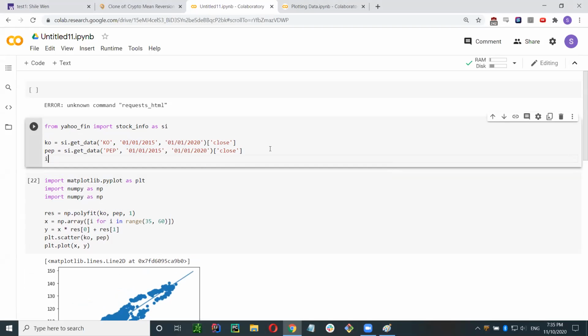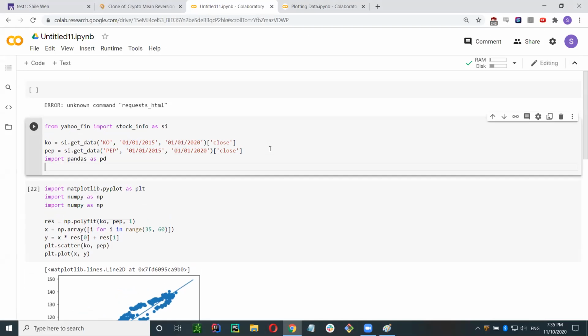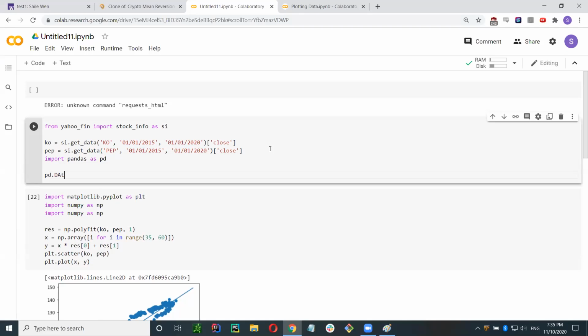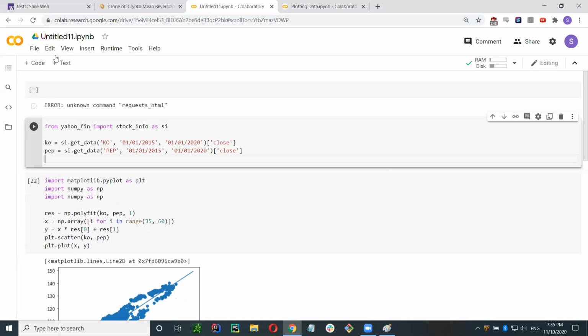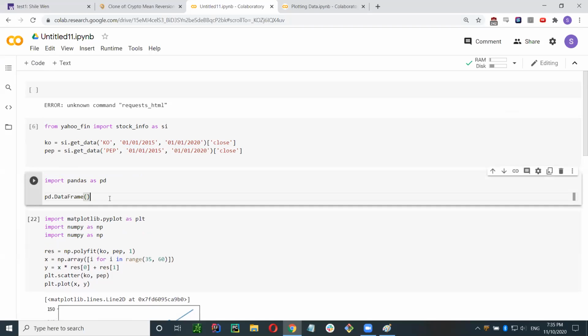So, here's a cool trick. Import pandas as pd. You can put it in a data frame. So pd.DataFrame. Let's make a new cell actually. Okay, pd.DataFrame, KO for KO, and then PEP for PEP.